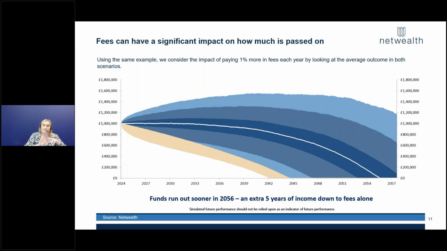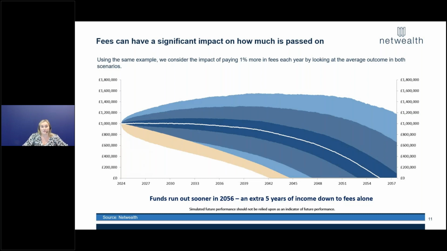So by paying 1% less in fees, your retirement income lasts longer. You might be able to afford to take a higher level of retirement income than you initially thought, and you have a nice nest egg in the pension left to pass on to your loved ones after first and foremost meeting your own needs through retirement.